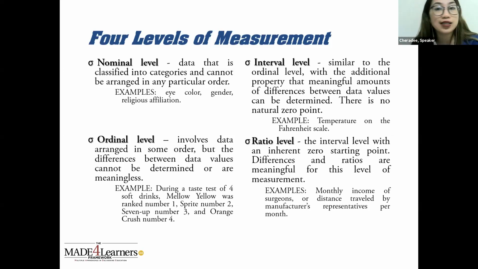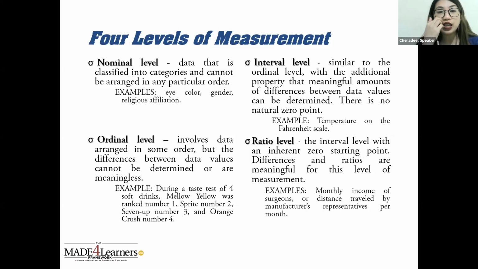Meaning to say, it doesn't mean anything at all, even if they are already placed in order. Example: small, medium, and large. True, they have an order, small first, medium, and then large, but we don't mean that small is greater than the medium or lesser than the medium, and vice versa. So they might be arranged in order, but their gap or difference is meaningless.